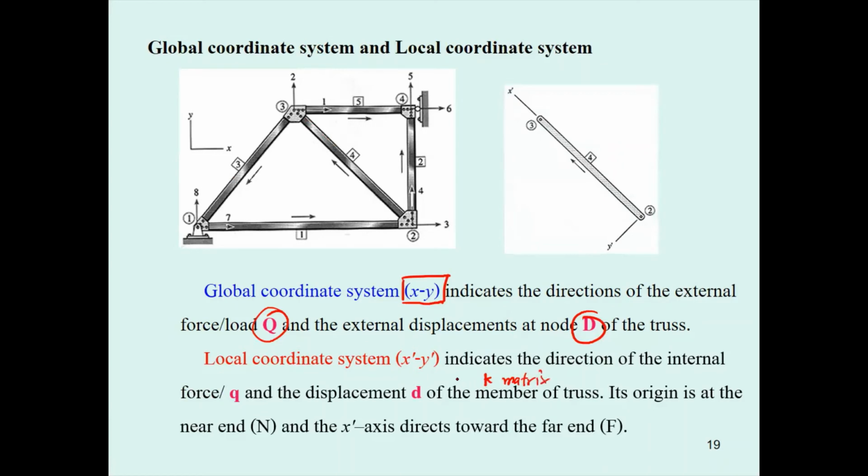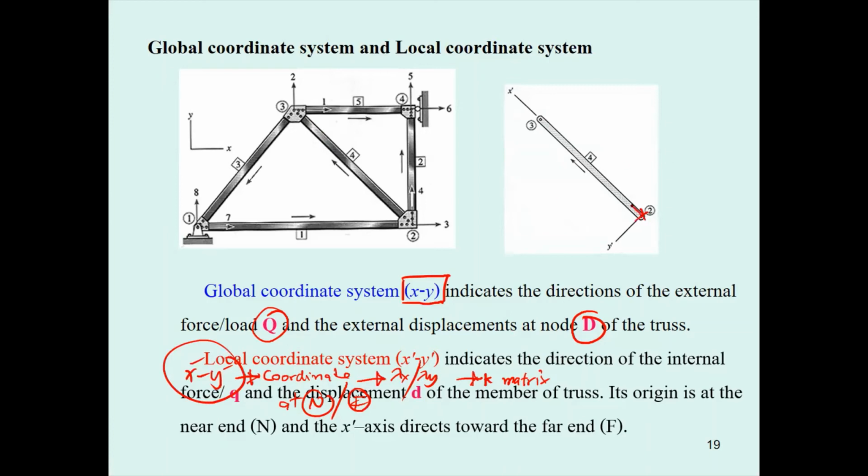Before you can get the K matrix, you have to know the lambda sub x and lambda sub y. Before you determine these, you have to know the coordinates at the near end and far end. Before you know the coordinates, you have to set up the local coordinate x, y.